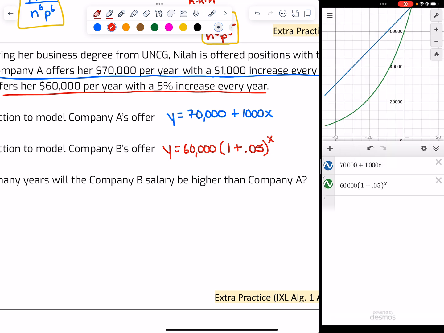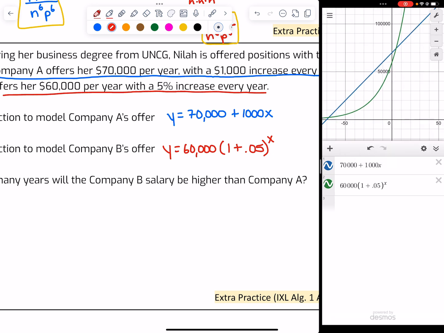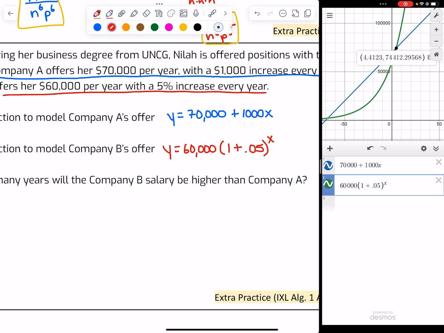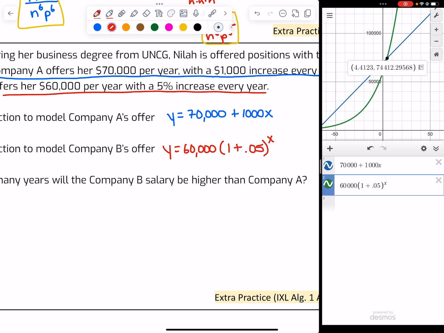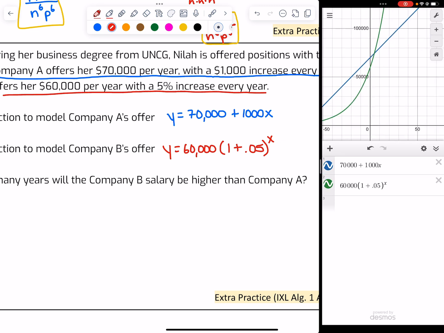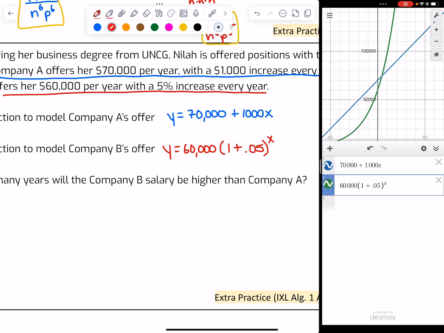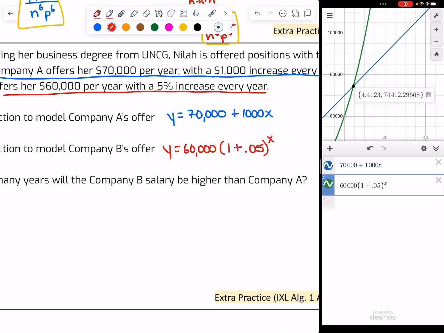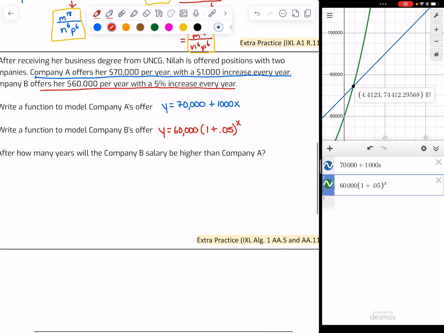And then I get closer quicker to where they're going to touch. So I see that they touch over here in the positives, because I don't need this negative option over here. I only need positive because time is going to be a positive number. And I can see that they are equal to each other after 4.4 years. So after 4.4 years is when she would make more money with Company B.